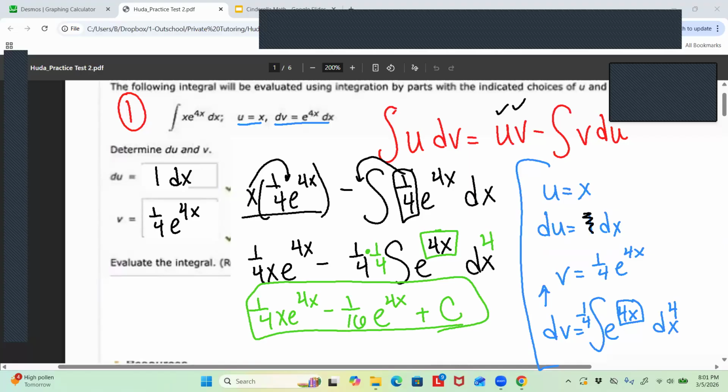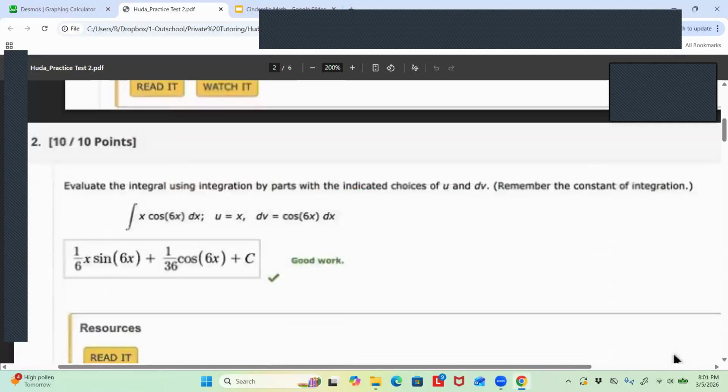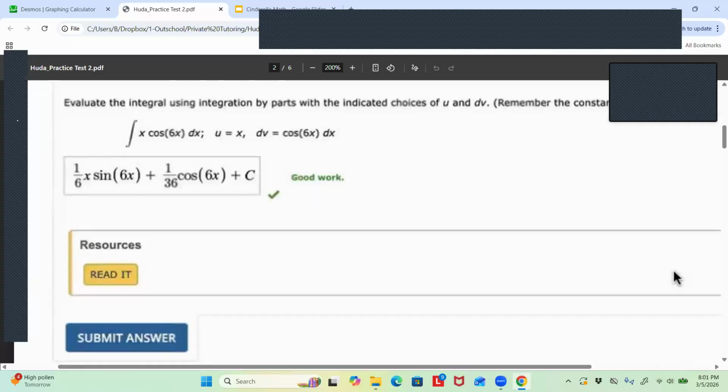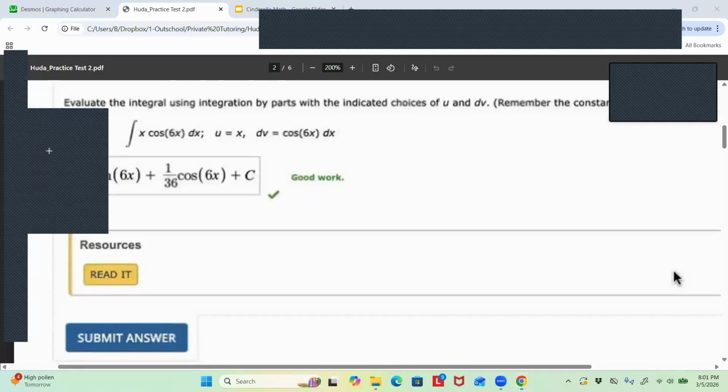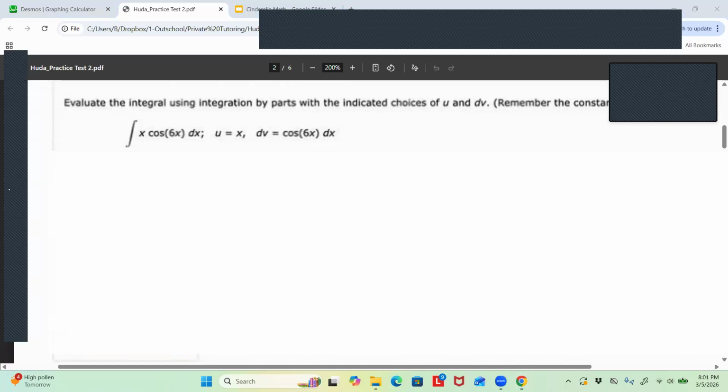Integration by parts. And again, they were nice enough to tell us the u and the dv. And they're going to be nice enough to tell us again on number 2. Same topic, integration by parts, and they do go ahead and tell us what to use for u and dv. So that's very nice. Again, this formula is the integration of u dv is uv minus integration of v du.